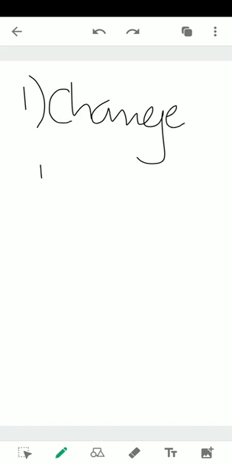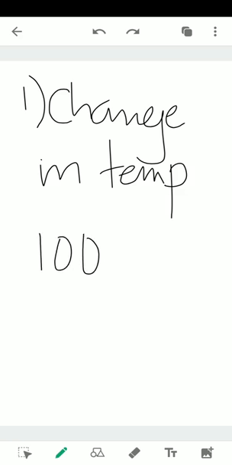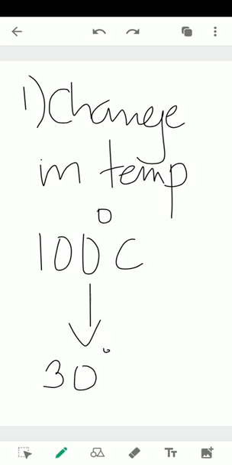So first effect will be, as all of you might have guessed it by now, change in temperature. Whenever there is a loss of heat, the temperature will come down. What I want to say is, if a body is at 100 degrees centigrade and it is cooling down, it will lose some heat, right? So in that case, it will result in the decrease of its temperature. It will come down to say 30 degrees centigrade.